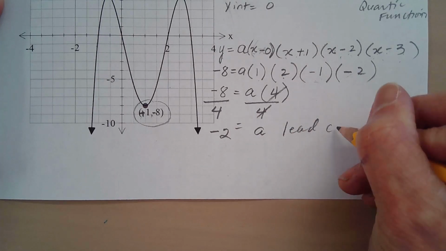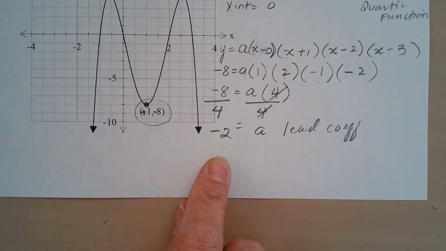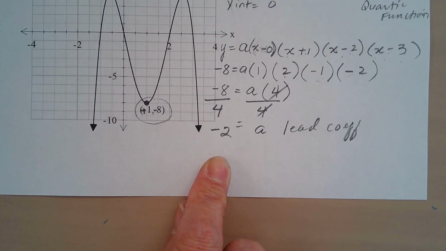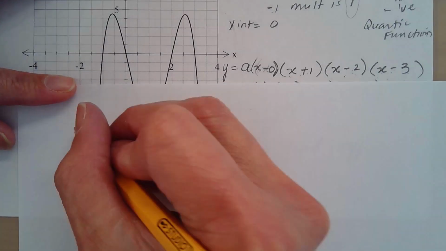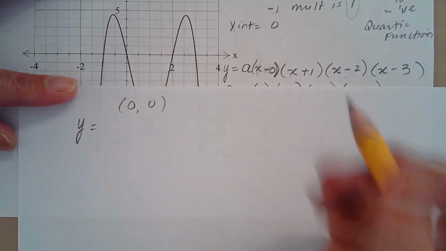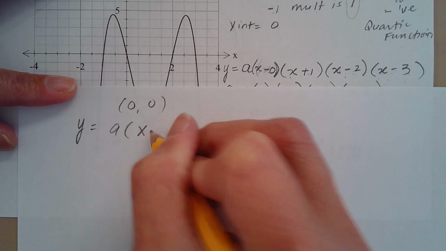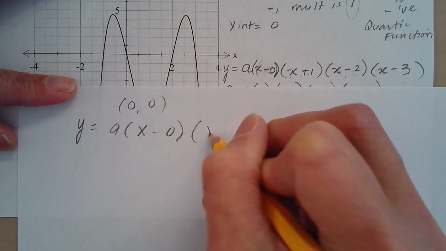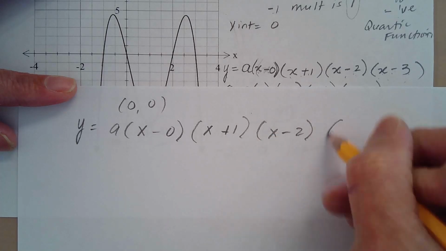Good question. Why can't we use 0, 0, the y-intercept? Because we used the y-intercept earlier. The reason is that if we use 0, 0, those are good questions.